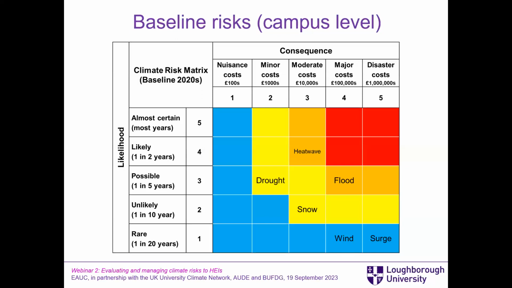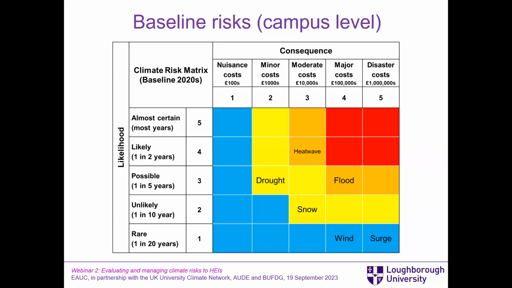Conversely, the heat wave is more or less an every other year event and has larger implications. Perhaps critical power systems are knocked out. It's disrupting key activities, research, teaching, reducing productivity. And then right in the bottom right-hand corner, surge is a very rare event, but if it happens, potentially could cause millions of pounds worth of damage to equipment and buildings and disrupted activities.